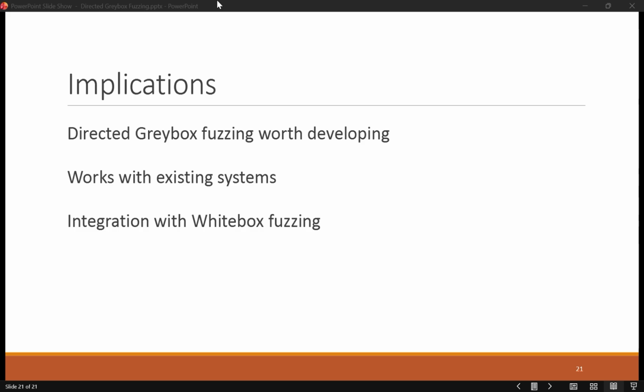Some potential future work that was mentioned in the paper was integration with white box fuzzing techniques, and this would mean that the fuzzer would have more knowledge of the source code of what it is fuzzing, and this would allow it to find things that require more complexity, combining the strengths of white box fuzzing with the strengths of Greybox fuzzing.